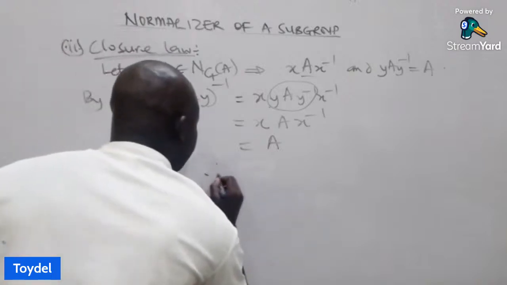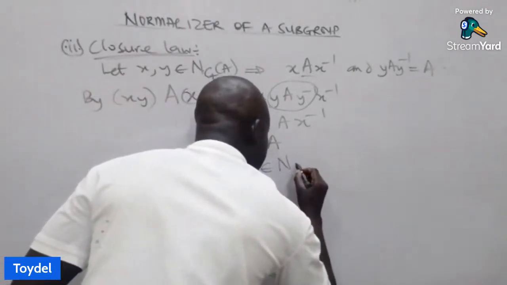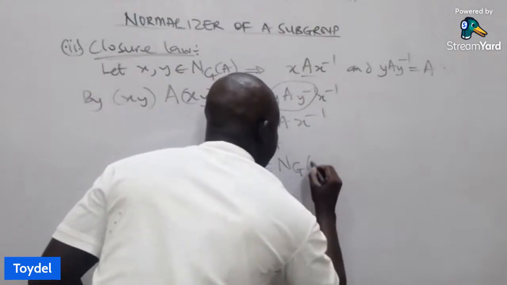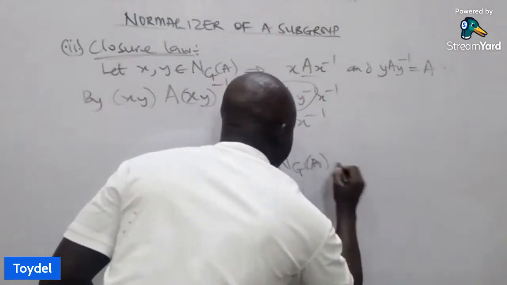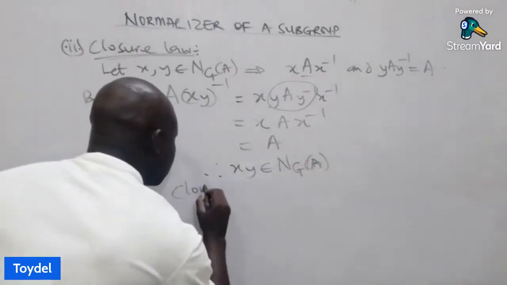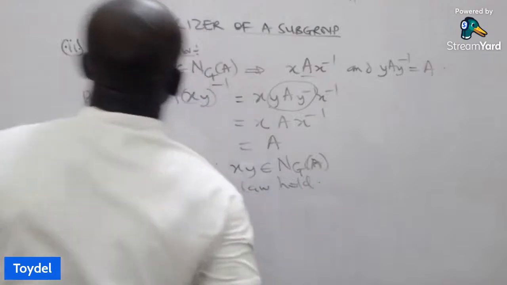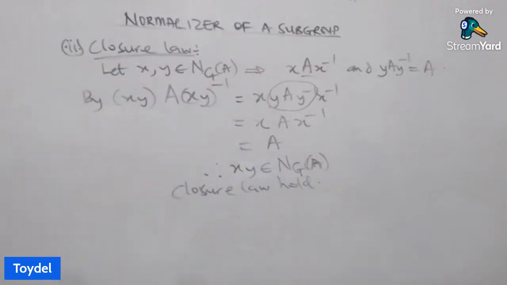Therefore, XY belongs to the normalizer of the subgroup. That's what we have been able to show. So it shows that the closure property, or the closure law, holds. So out of the 4 properties that we are expected to show, we have been able to show 1.